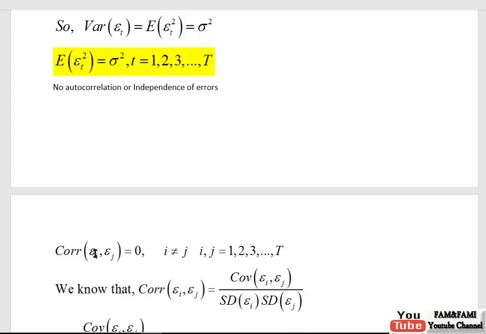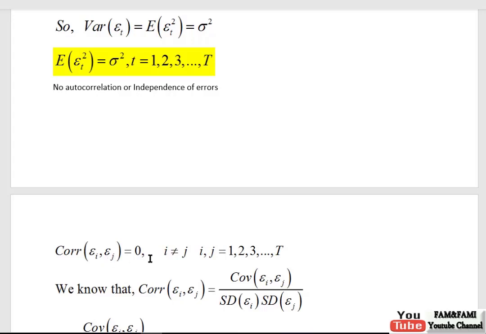And next, if you fix this i at 2, then j can never be equal to 2. j can take value 1 and then 3, 4, 5 and so on. When i is 3, then j cannot be equal to 3, so j can be 1, 2 but not 3. But the next value that j can take is 4, 5 and so on.